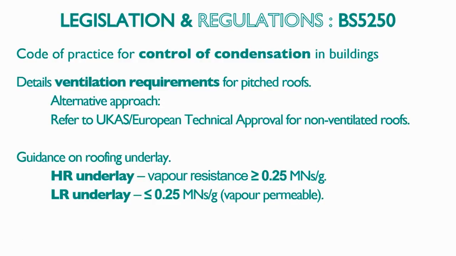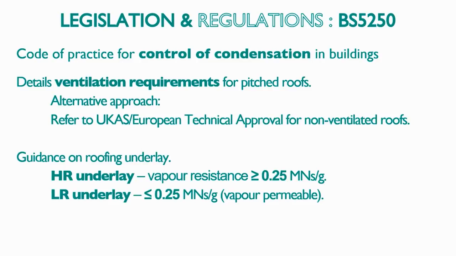As well as outlining ventilation requirements, BS 5250 defines performance criteria for types of roofing underlay. These are HR underlays, traditionally non-permeable underlays such as bitumen felt, with a vapour resistance greater than or equal to 0.25 meganewtons second per gram, and LR underlays, which are modern breathable felts with a vapour resistance less than 0.25 meganewtons second per gram.